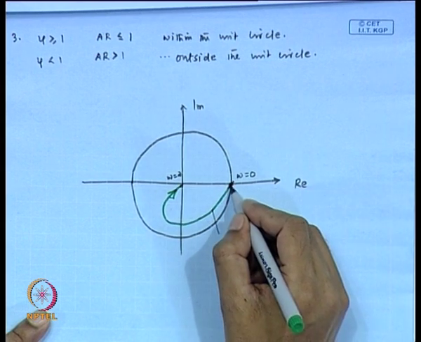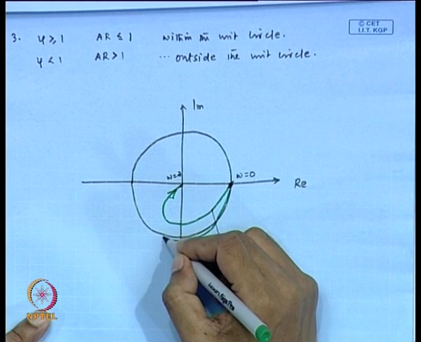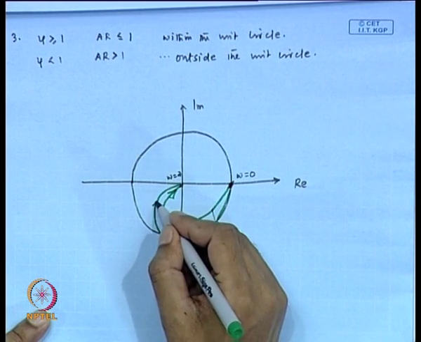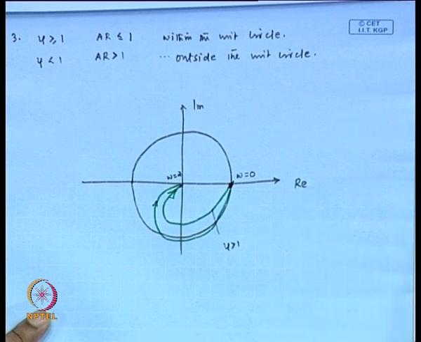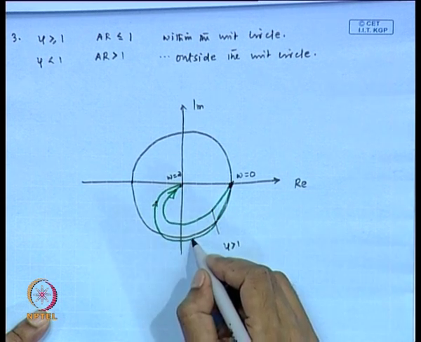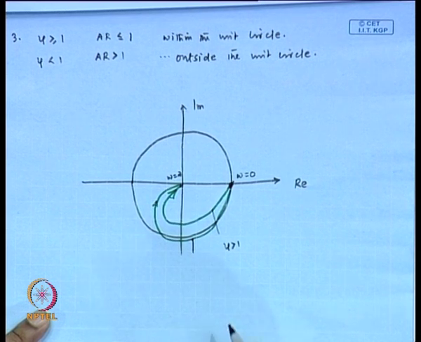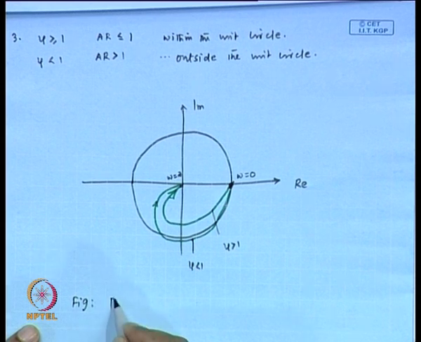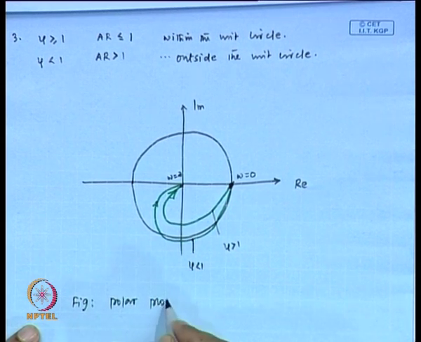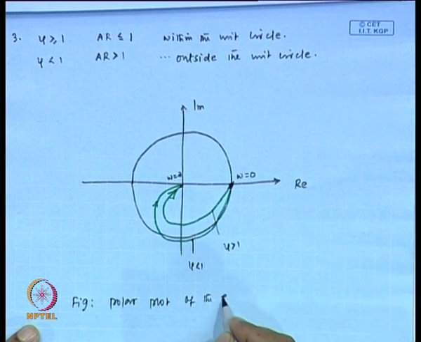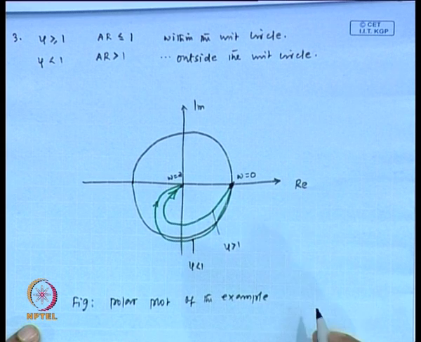Similarly, when zeta is less than 1, we obtain this plot. I mean, this polar plot is outside of the unit circle. Fine. So, it is clear that the polar plot depends on the value of zeta. This is the polar plot of the example second order system.